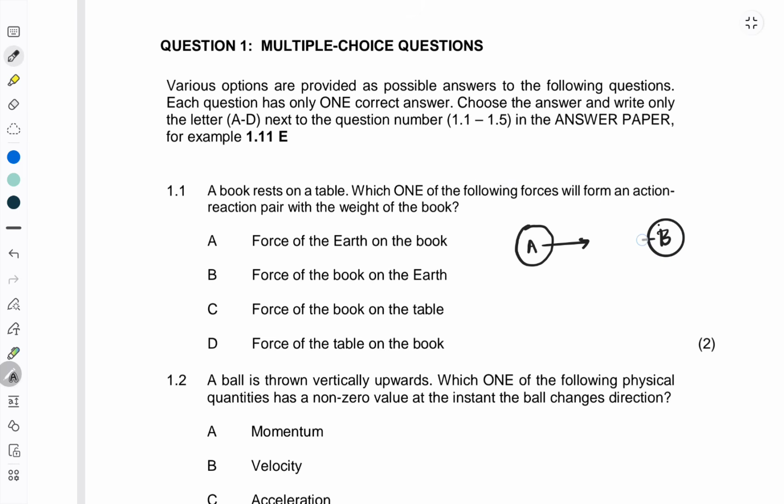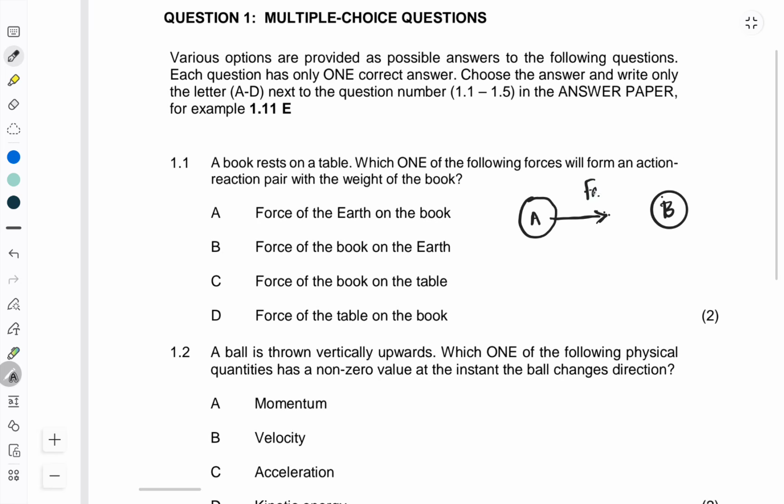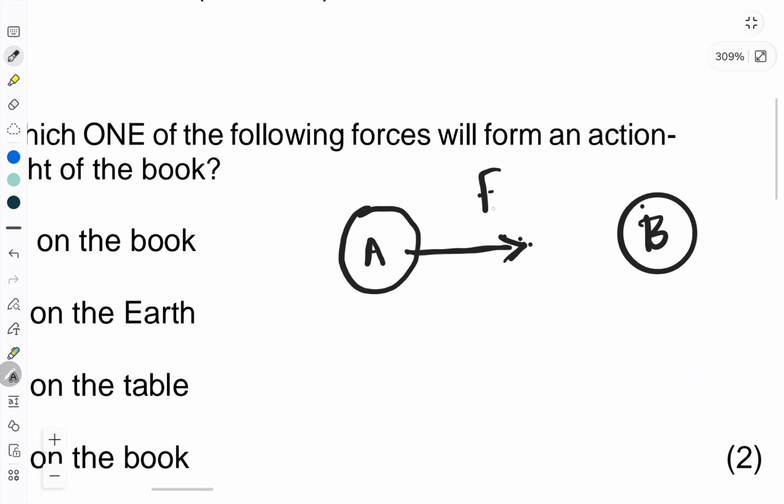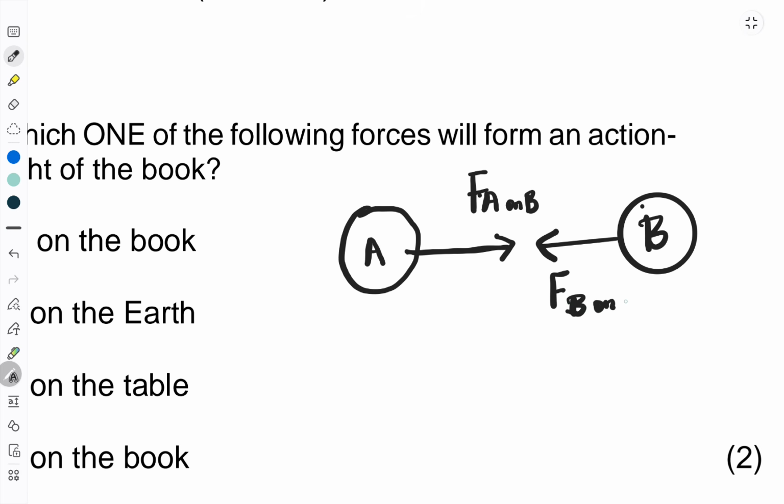Whenever you have two spheres, this is object A and object B. If object A exerts a force on object B, we'll have F A on B, and then object B should exert the same force of equal magnitude on object A, but in the opposite direction.